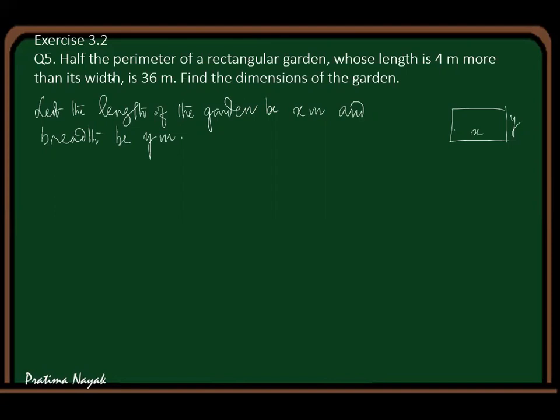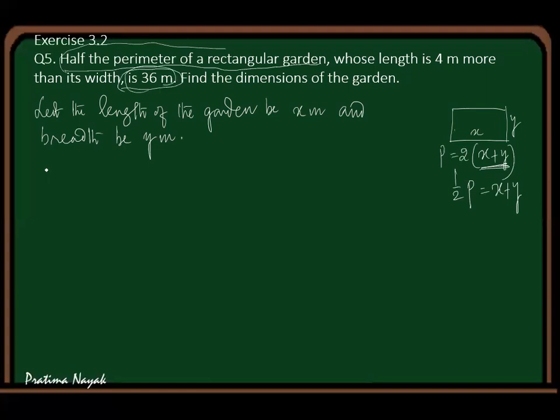First, the relation is: half of the perimeter of the rectangular garden is 36 meter. We know that perimeter is always twice length plus breadth. When we say half of the perimeter, it will be only x plus y. Half of perimeter is equal to x plus y, which according to the question is 36 meter.